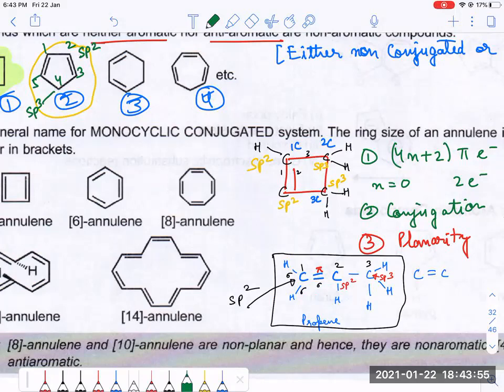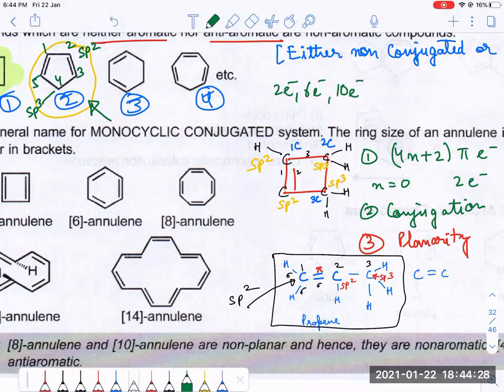Sir, anti-aromatic is being satisfied by 4n pi electrons. Yes, the 4n plus 2 rule is not satisfied. Why? Because we are talking about this second structure. In 4n plus 2 electrons, it is either 2 electrons, 6 electrons, then 10 electrons, and so on.